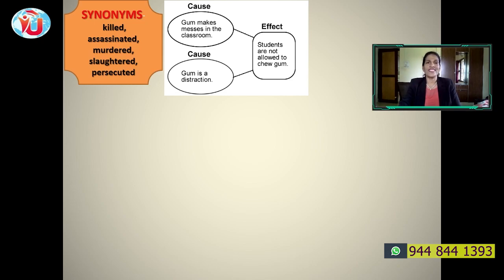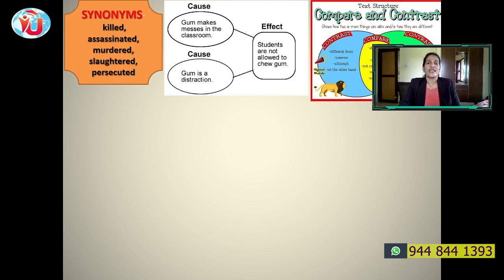So because of this effect, the cause is that one. I think I made it clear to you. This is only an example, but in your text, you may have other contexts where the cause and effect will be highlighted. You need to identify those things in the particular text.